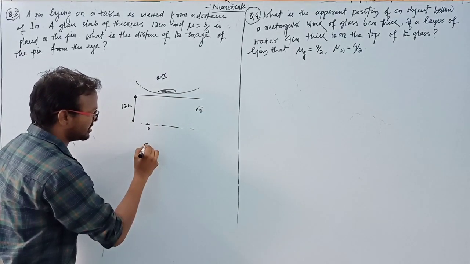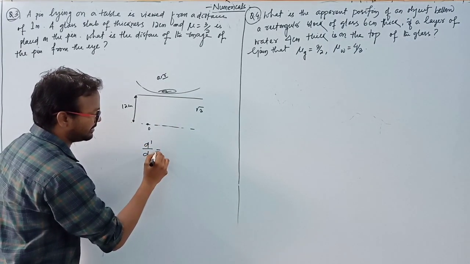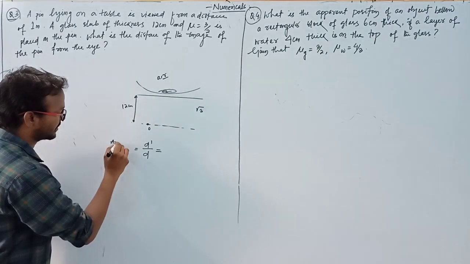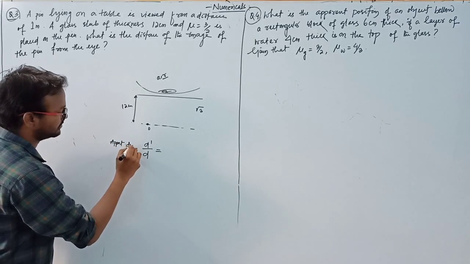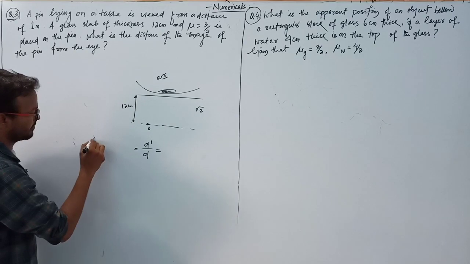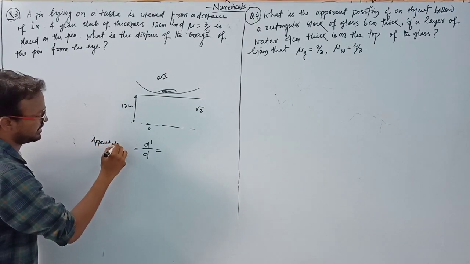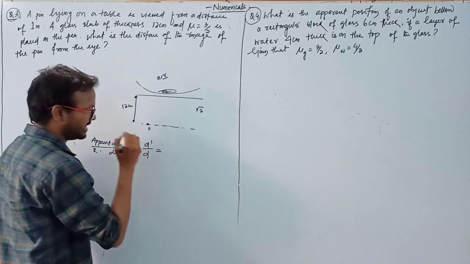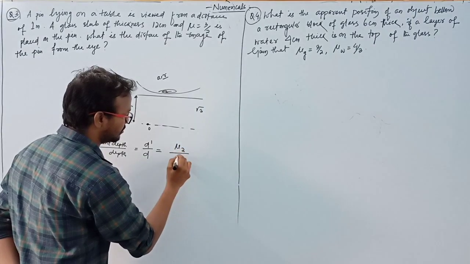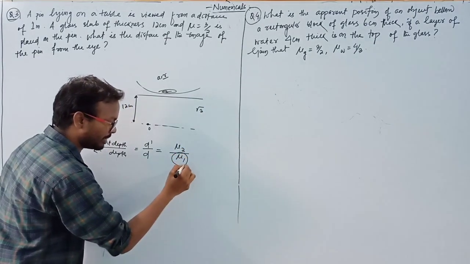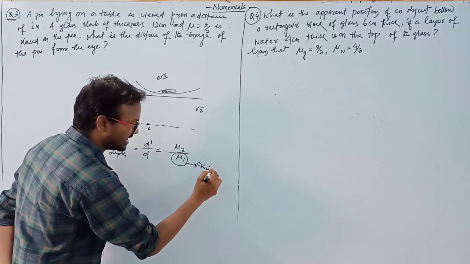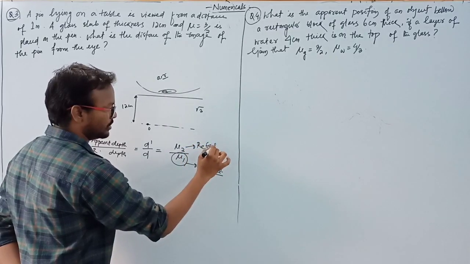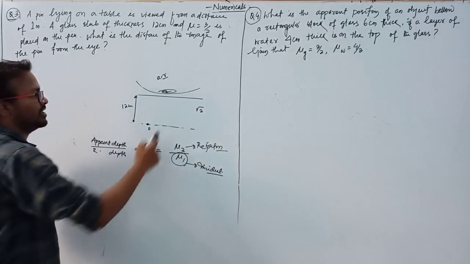We already discussed the relation between apparent depth and real depth: d dash by d, apparent depth divided by real depth, equals the refractive index of the second medium with respect to the first medium. What is the first medium? The medium in which the incident ray travels is the first medium. The medium in which the refracted ray travels is known as the second medium. So this is the first medium.